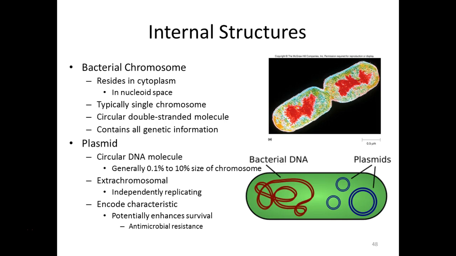So it may be an enzyme that destroys an antibiotic, like penicillinase, or it may produce a different ribosome, so therefore the antibiotics that we use which bind to ribosomes can't bind to it anymore and interfere.